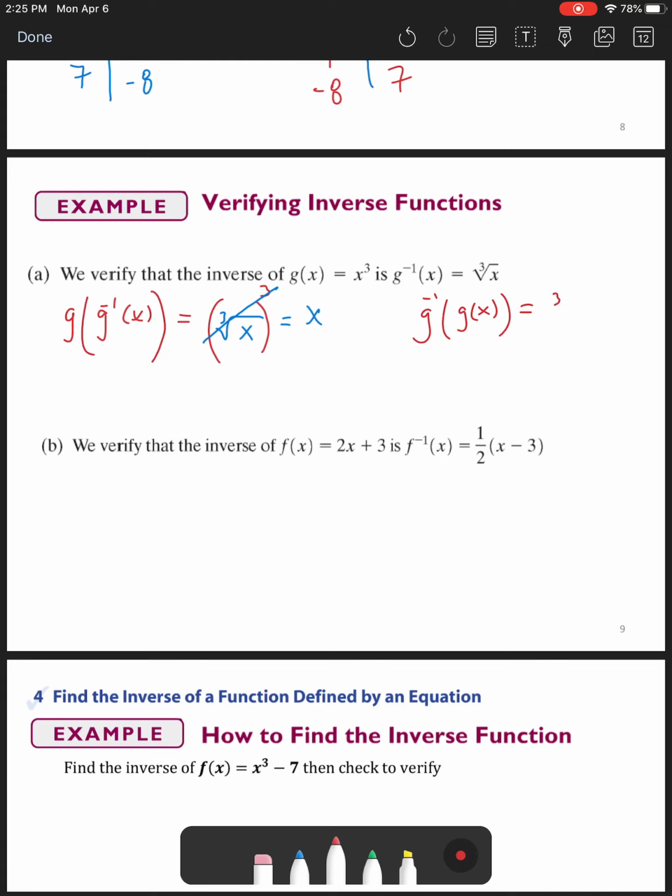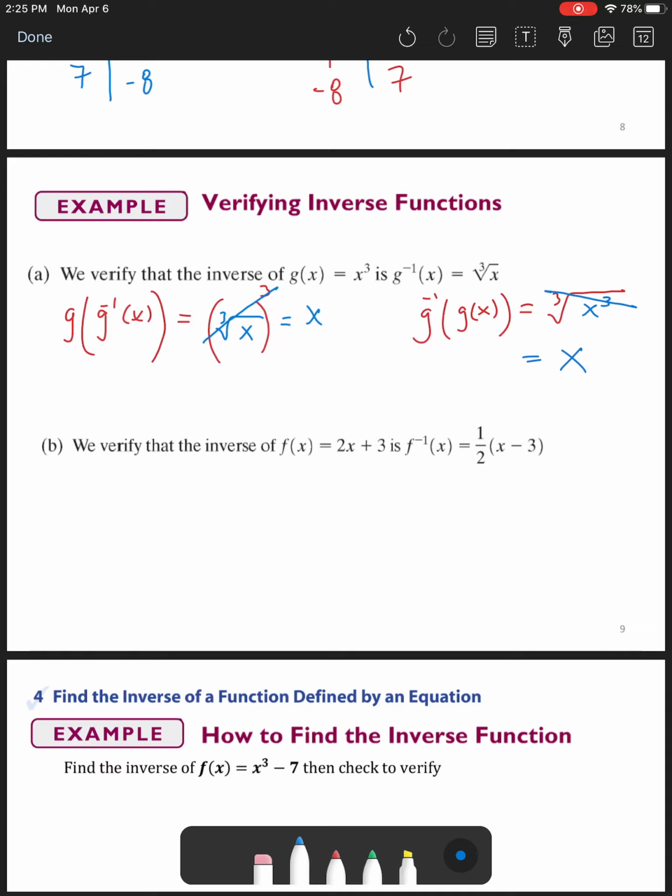So then you have the cube root of g of x. Again, cube root and cube power undo each other, and you're left with what's under the radical, x. So those two are inverses of each other.